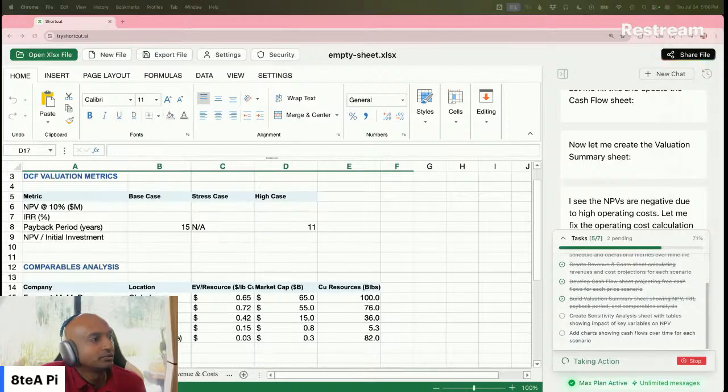How much copper in millions of metric tons?